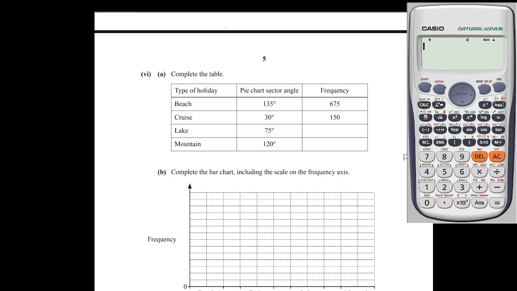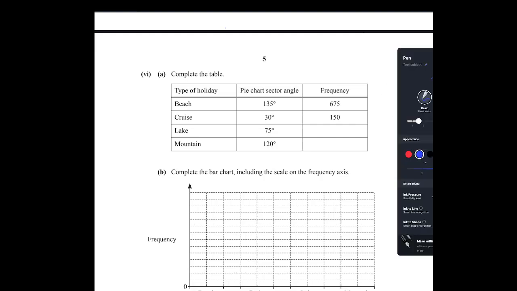75 by 360 into 1800 which we got just now is equal to 375. So this is 375.